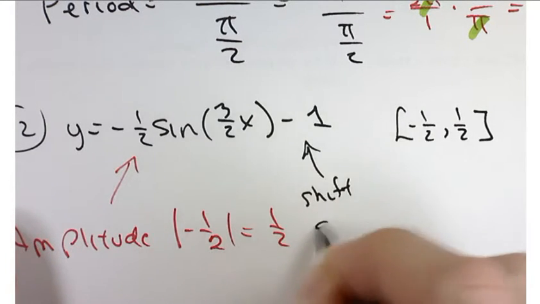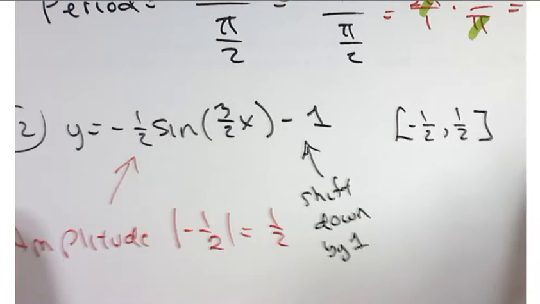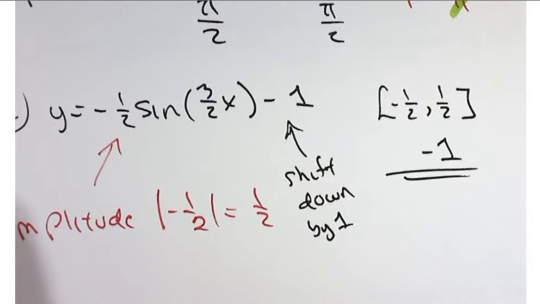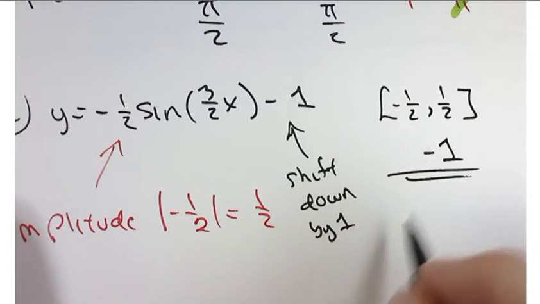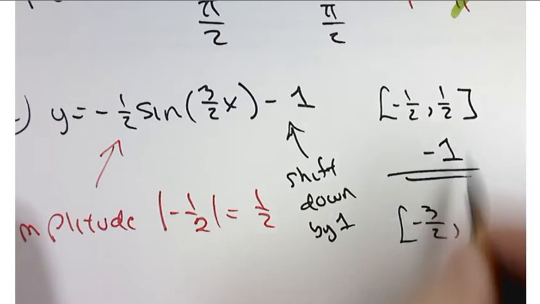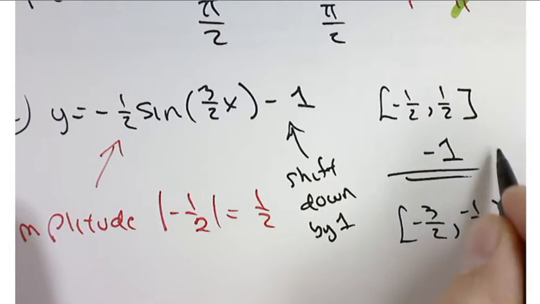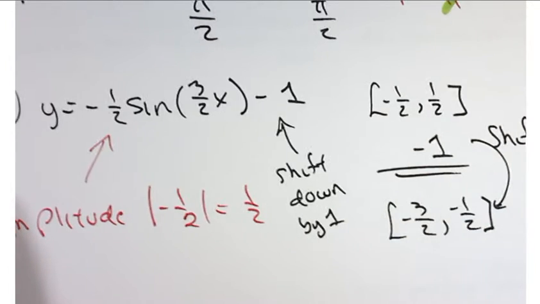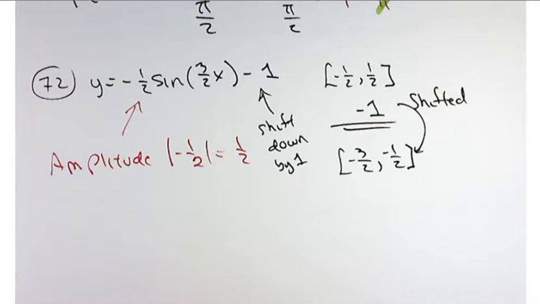So if I subtract 1 from the range, negative 1/2 minus 1 is negative 3/2, and 1/2 minus 1 is negative 1/2. So that's the shifted range. This matches the graph that you see.